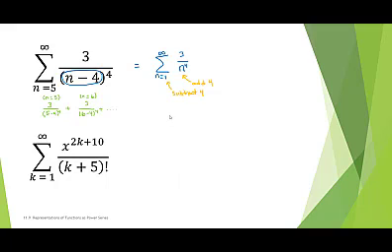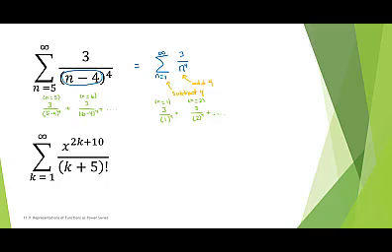In our new summation, our first term is n equals 1, and our term is 3 divided by n to the 4th, so we have 3 divided by 1 to the 4th. Our second term, n equals 2, gives us 3 divided by 2 to the 4th, and so on. And we can see that these two expressions are indeed the same.